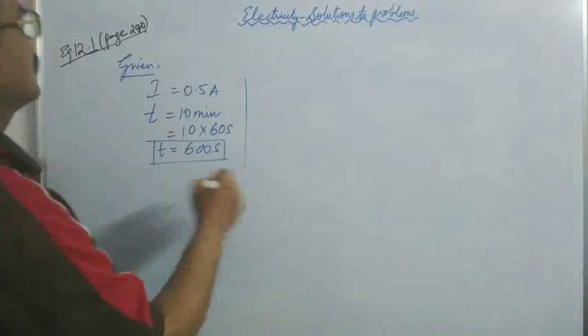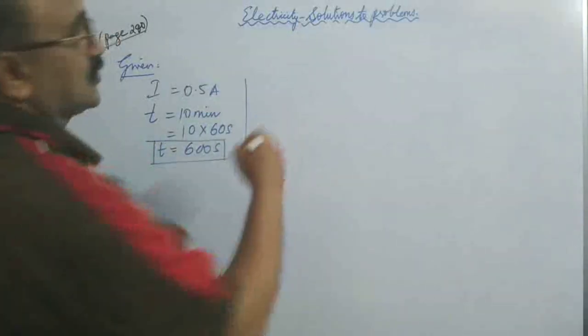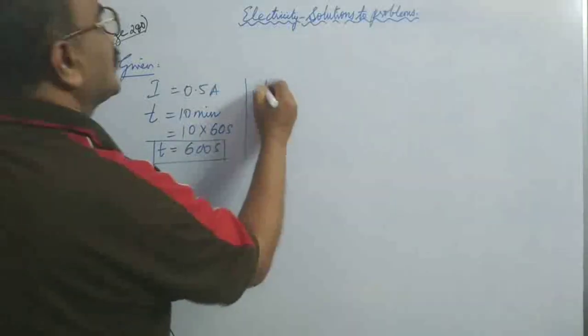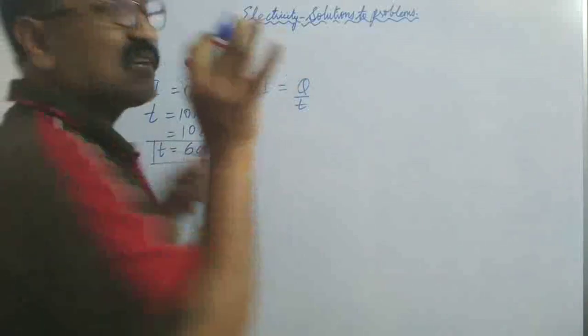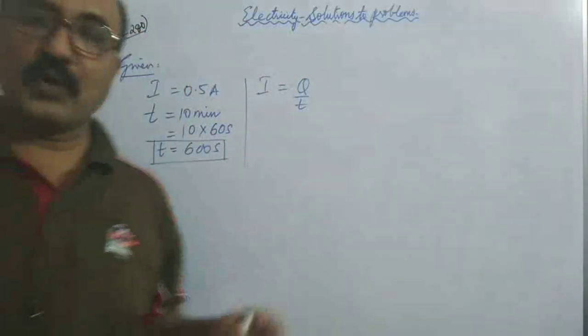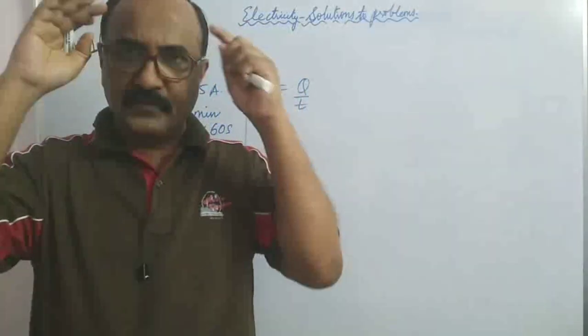Now what should I do? I use the formula for current. By definition, current is the rate of flow of charge. Children, stick to the basics, so you don't have to ponder over the formula for the question.